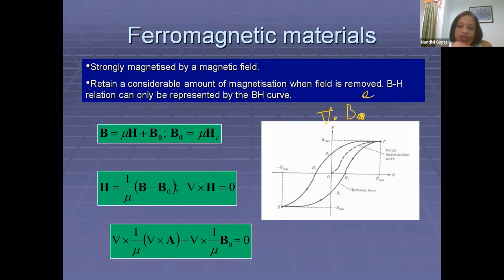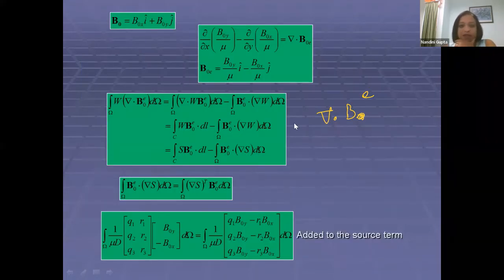Which term was I supposed to have evaluated to account for the residual magnetism? This term, right? Curl of B naught. Forget about 1 by mu, that's a scalar quantity. So curl of B naught is what I should have evaluated.